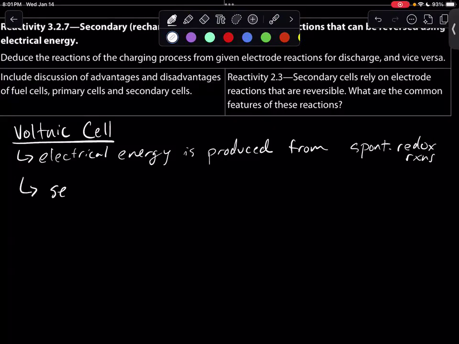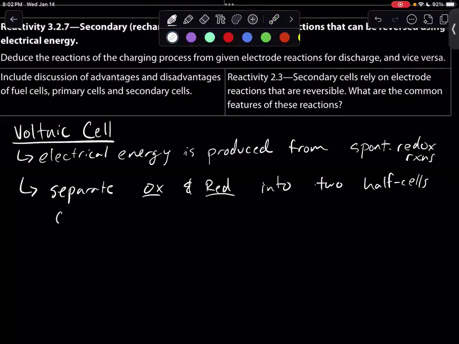Specifically, we separate the oxidation reaction and the reduction reaction into two half cells connected by a wire. That way, for the reaction to complete, electrons must flow through the wire and therefore create a current.